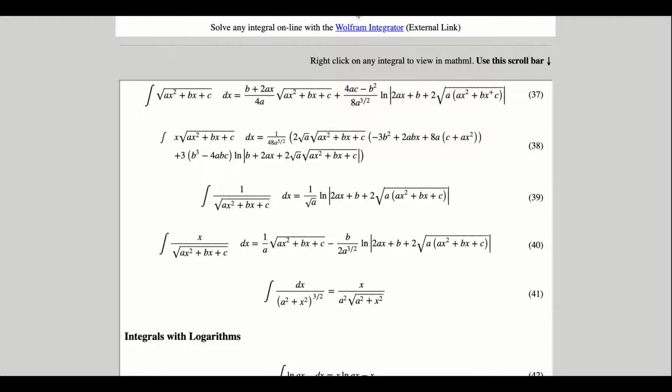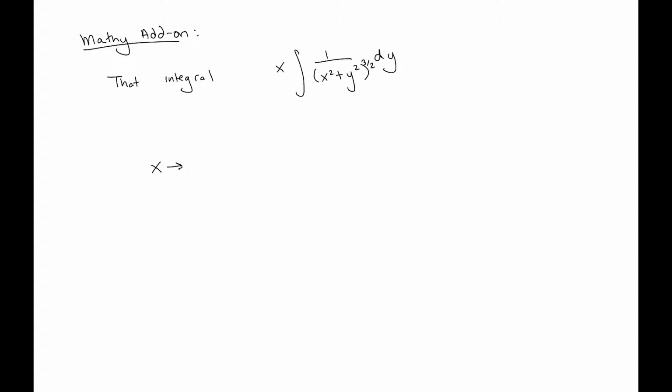If I look here, for that one, if I want to transform it from what's in the table to what I have written, I have to realize that x there is the same thing as y for me, and a in that particular table is the same thing as x. Okay, so if I look at the solution over here, I end up getting x out front, because I had that anyways.